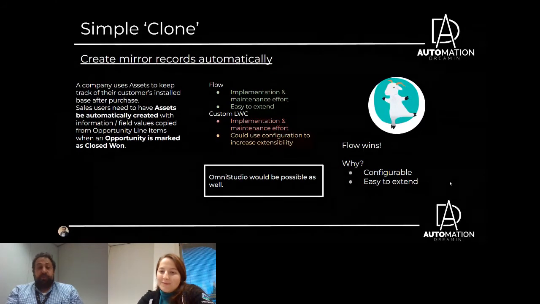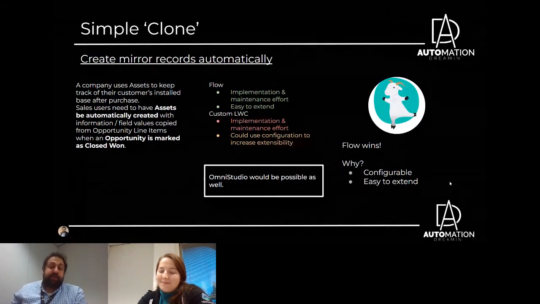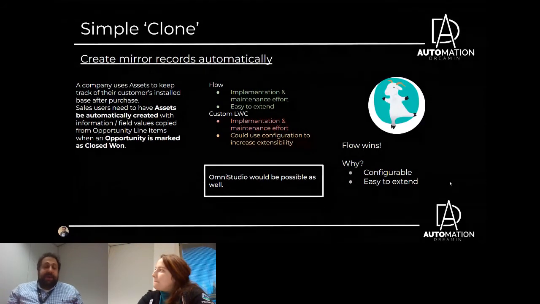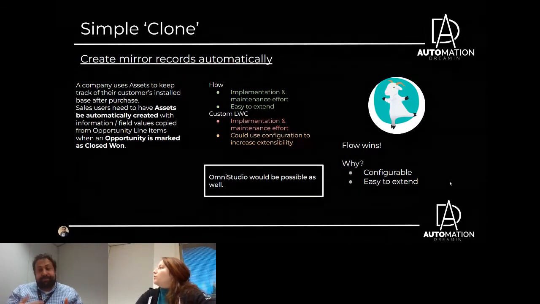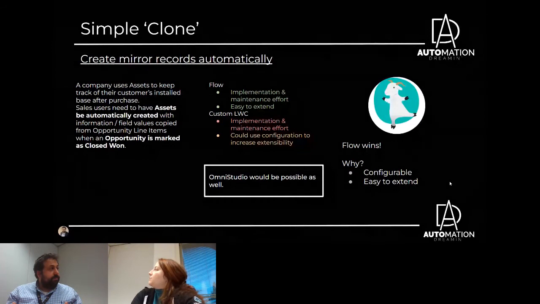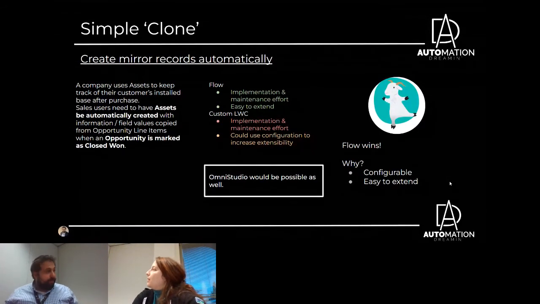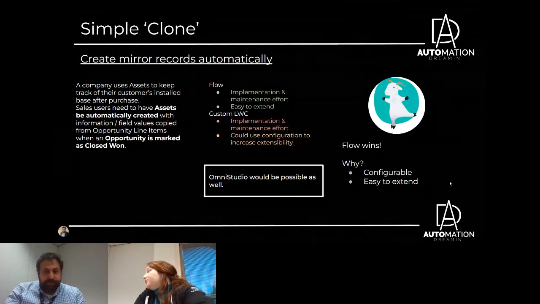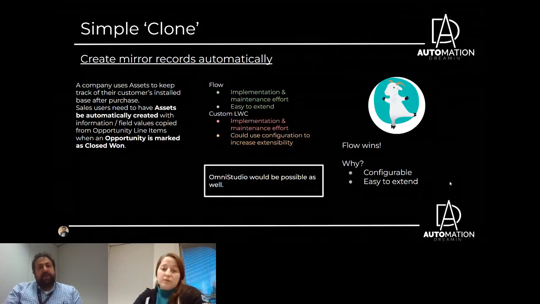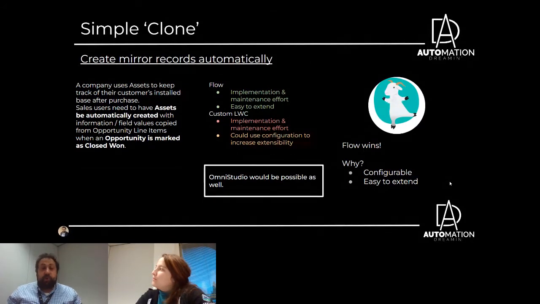What we could do to make it easier is increase the extensibility by configuring it as objects, and we could use, for example, custom metadata types, right? So that we capture the mapping there, so that you code it almost once and then maintain it from there. Correct. But still, the implementation and maintenance effort would be considerably lower with Flow for that one.